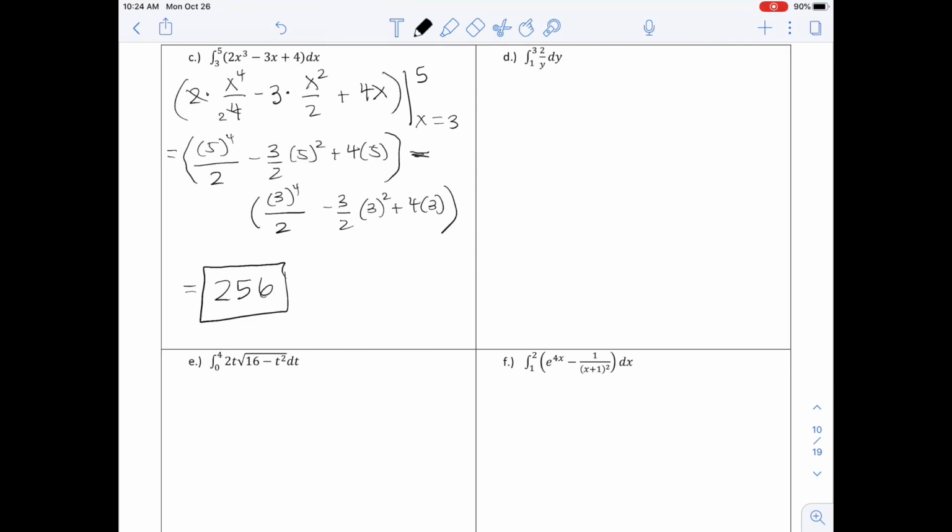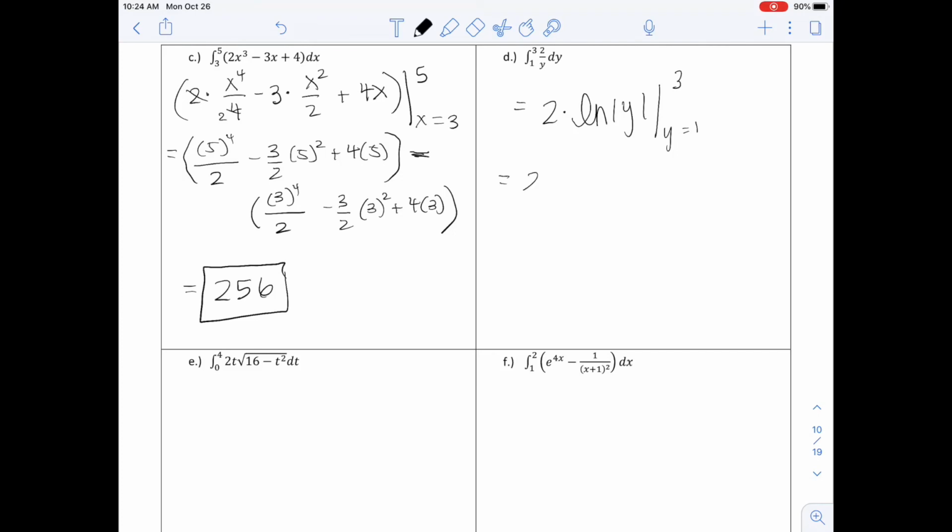Part D says the integral from 1 to 3 of 2 over y dy. And again, this is going to have a 2, which is my constant. And remember, the integral of 1 over y is the natural log of the absolute value of y. We are going to evaluate this from y equals 1 to 3, since y is my variable being used here.